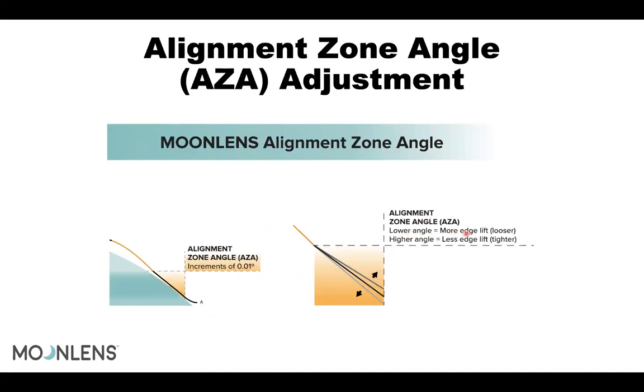Lower angle, more edge lift. Higher angle is going to be less edge lift. And as you know, even though we are using these lenses at night, we do have to have tear exchange, and that is why we need to have some edge lift to create that tear exchange.